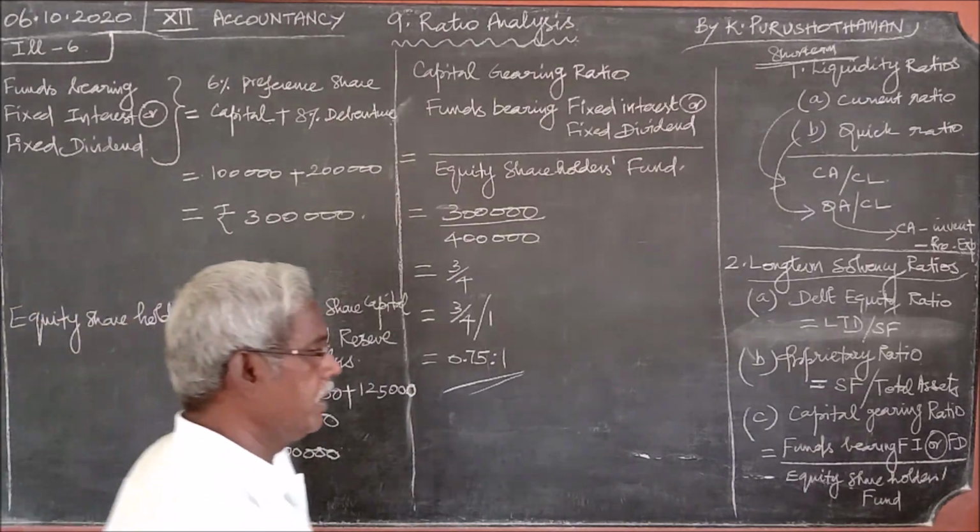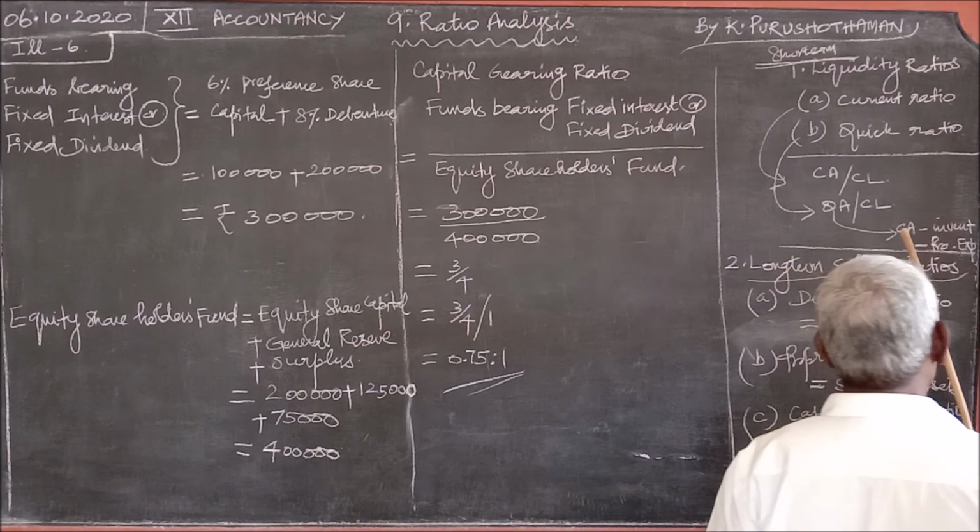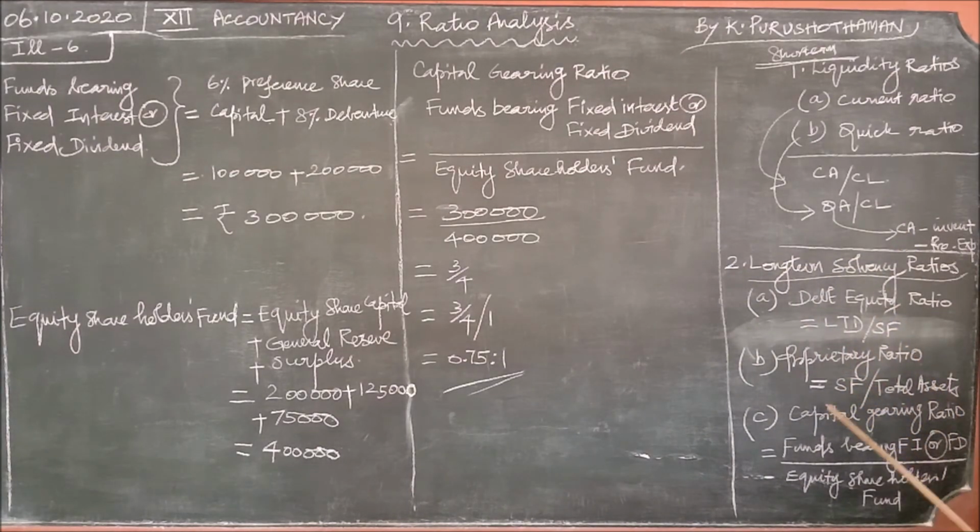Then in the first two formulae, it is given shareholders fund, but here it is equity shareholders fund. I told you just now the difference. What do you mean by shareholders fund and what do you mean by equity shareholders fund? For shareholders fund, since share is given commonly, you should take both equity share and preference shares, plus the reserves and surplus. But here you should take only equity share because it is specific.